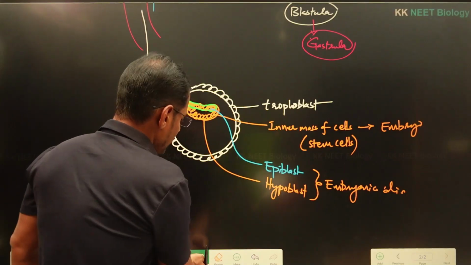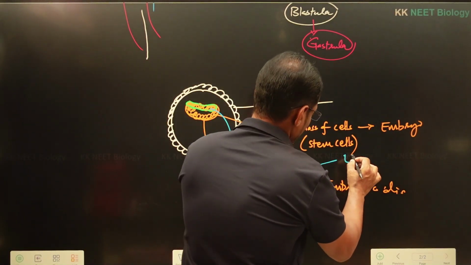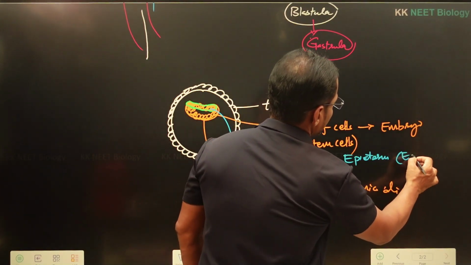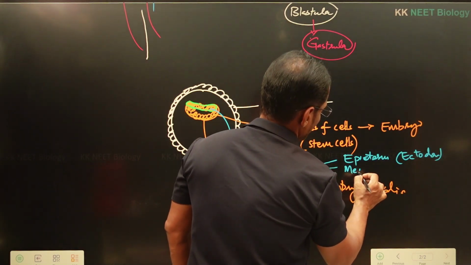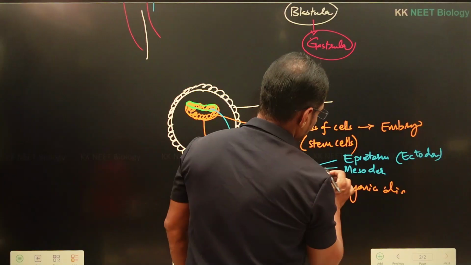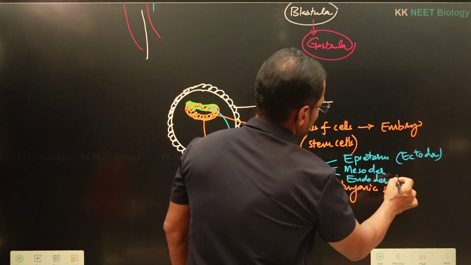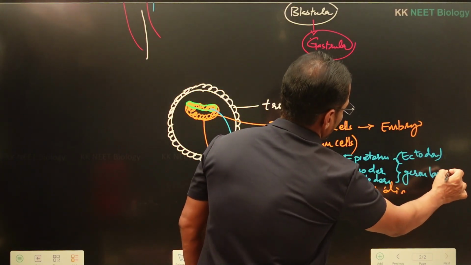Generally, epiblast is going to be differentiated further into three layers. One is epiderm, or else we can call it ectoderm, the second one is mesoderm, and the third one is endoderm. These three are known as germ layers. Why are we calling them germ layers?